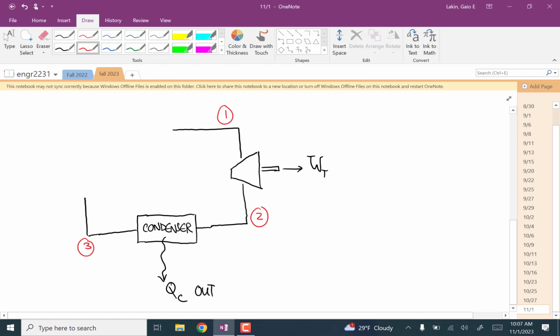But at some point, we have to get from a low pressure coming out of the condenser back to a high pressure to power the turbine. So that happens from step 3 to step 4, and that's just done with a pump.